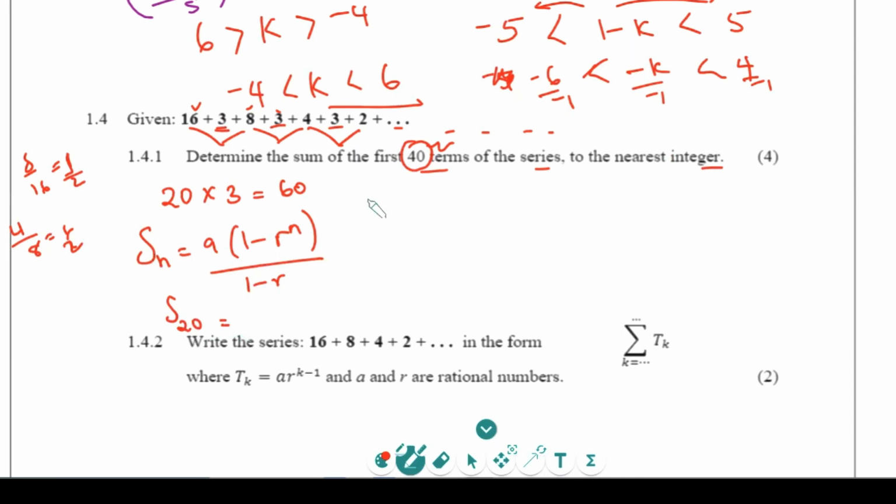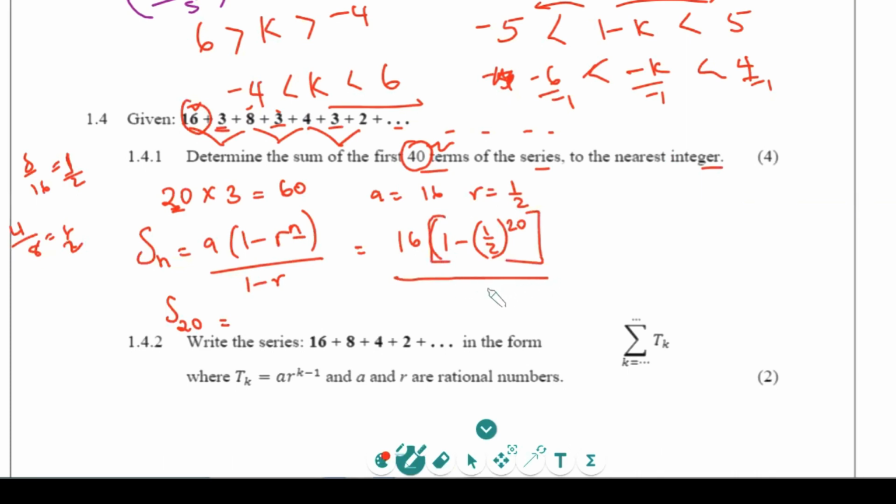I'll do my substitution. I know that my a, which is the first term, is 16, and then my r is a half. So that is going to be 16, open brackets, 1 minus 1 over 2 to the exponent of how many terms are we looking at? The remaining 20. We've used the first 20 with the 3s, and then the remaining 20 will be forming the geometric series, over 1 minus a half.